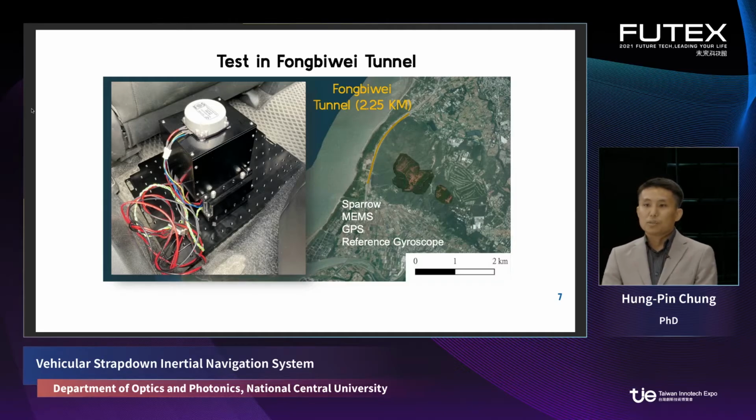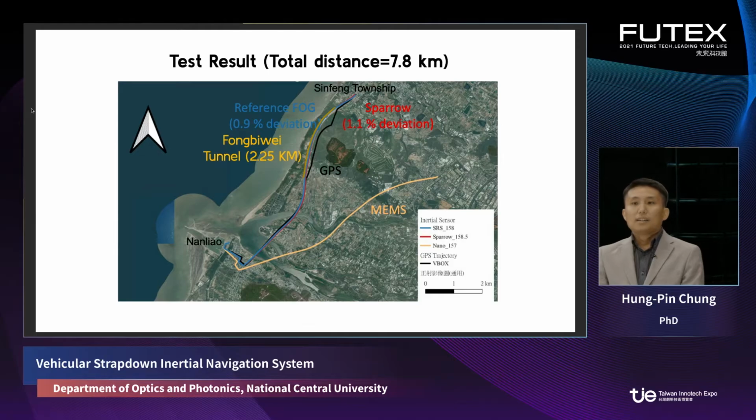We also use the GPS data to compare the precision of each module. This Feng-Bi-Wei tunnel is 2.25 kilometers long. We started the measurement from Nanliao. The different curves show different module outputs. The light yellow curve shows the main result of the IMU system.